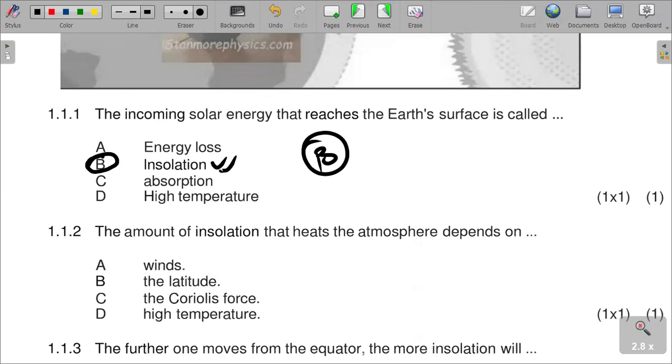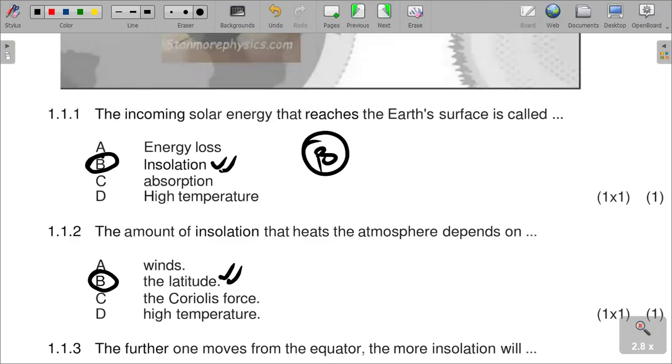And then the amount of insolation that reaches the atmosphere depends on dash. It depends on latitude. Latitude is the position on the globe. The latitude affects the amount of energy, because of the position or the distance from the sun.